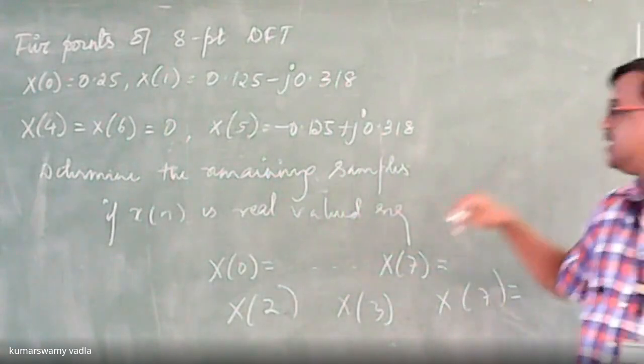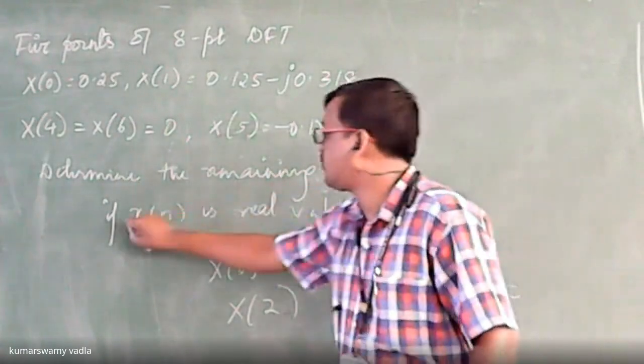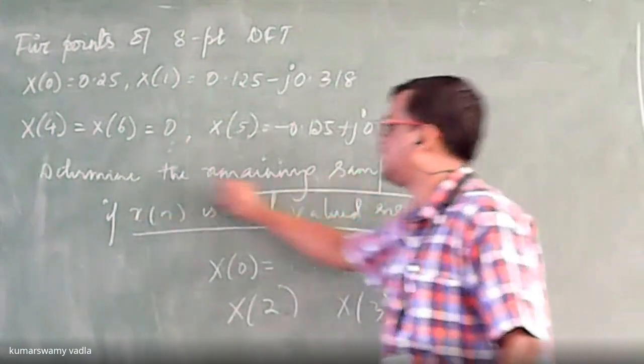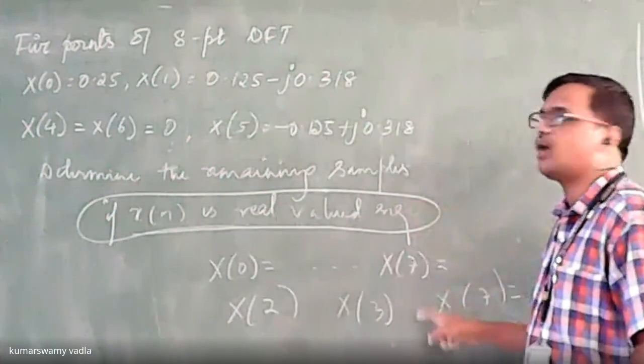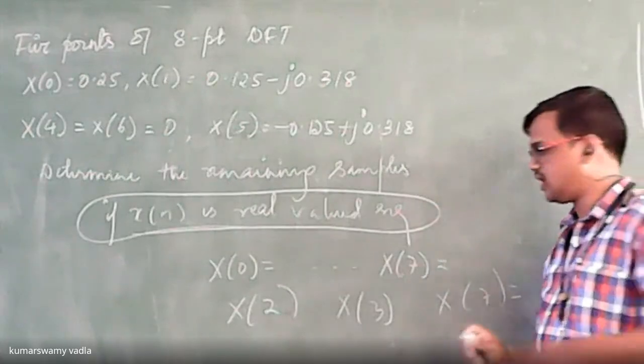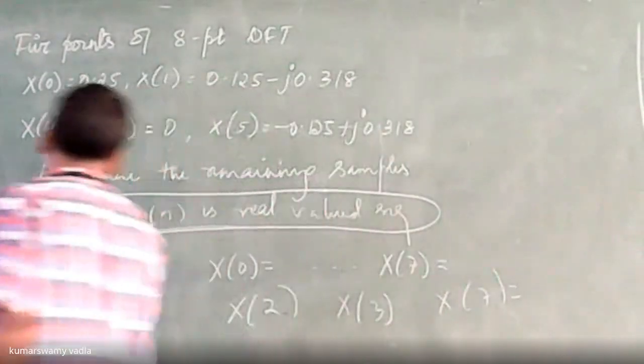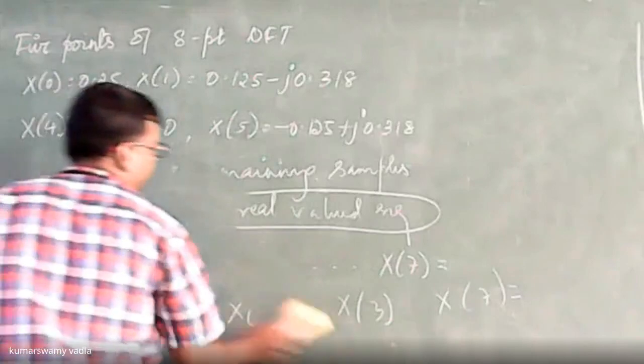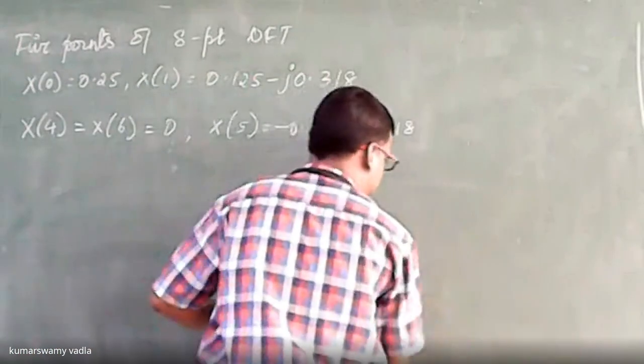The hint given here is that x of n is a real valued sequence. If this is the condition, then what expression do you need to utilize to find the remaining samples? Write down in the solution.